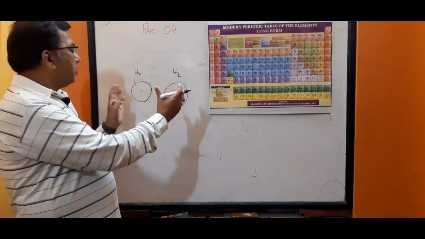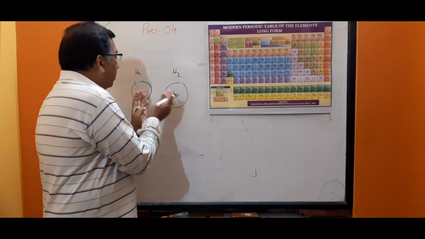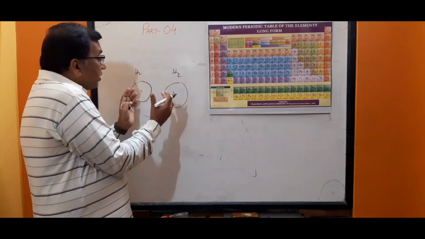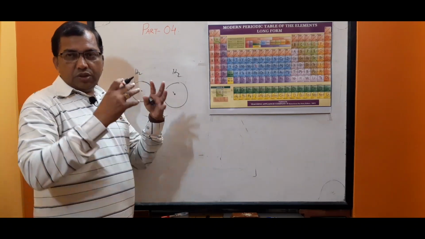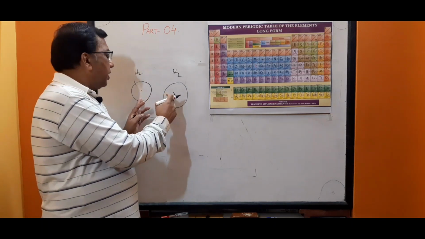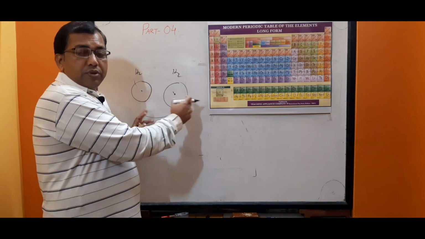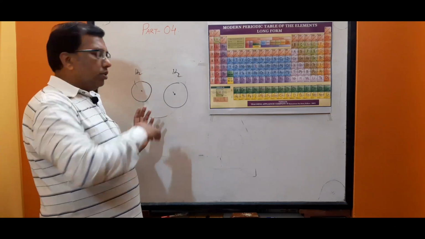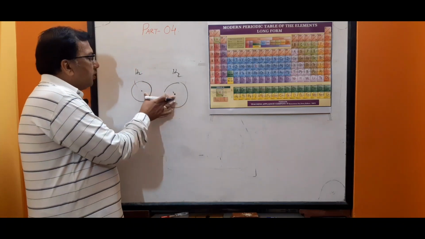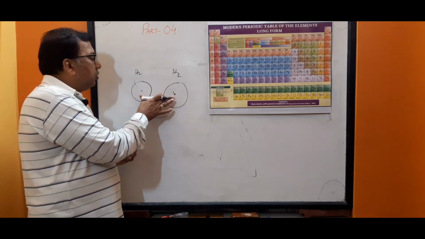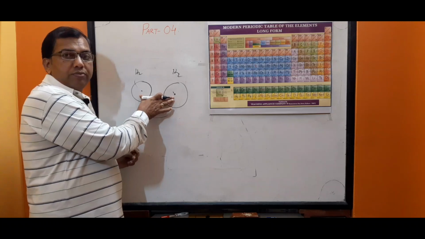So it is the distance between them, between adjacent atoms of the same element. This is the distance between the two atoms.